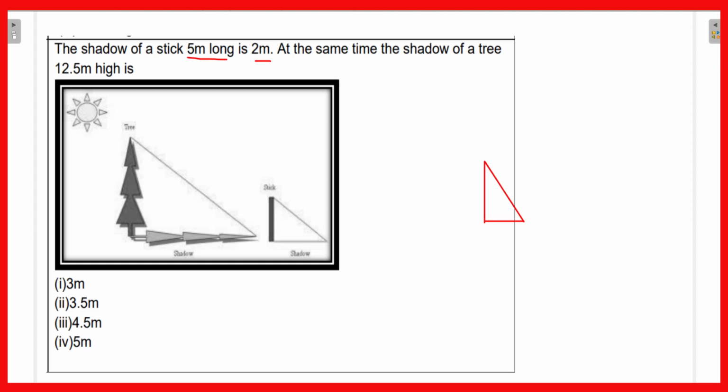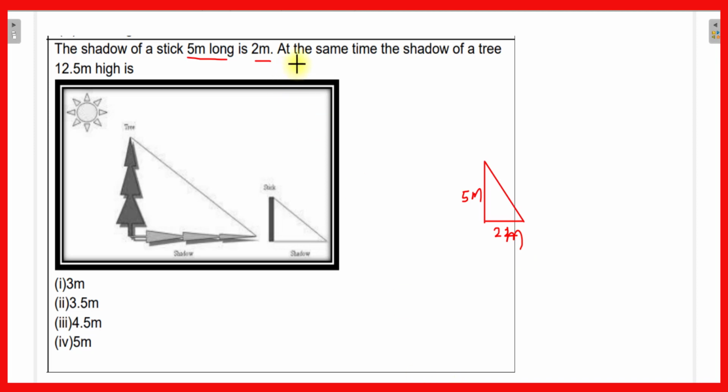What is given here? The shadow of a stick whose length is 5 meter is 2 meter long.